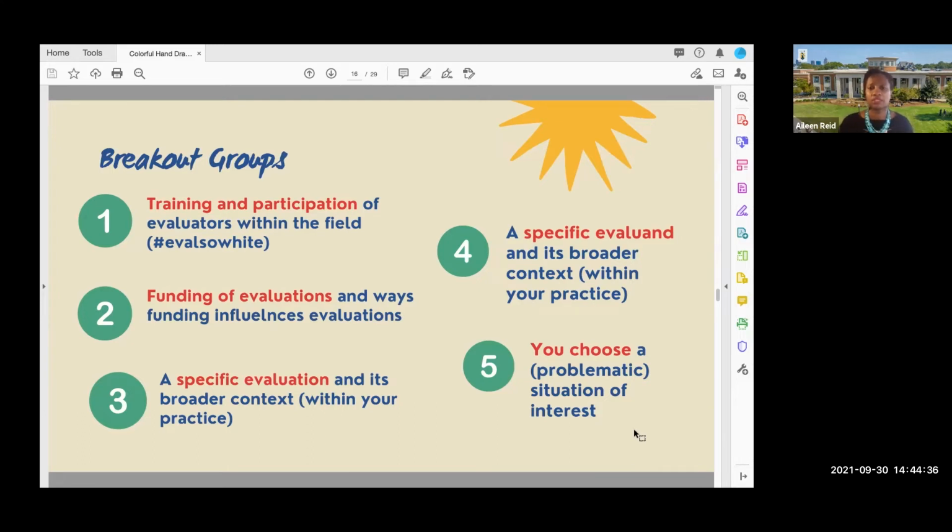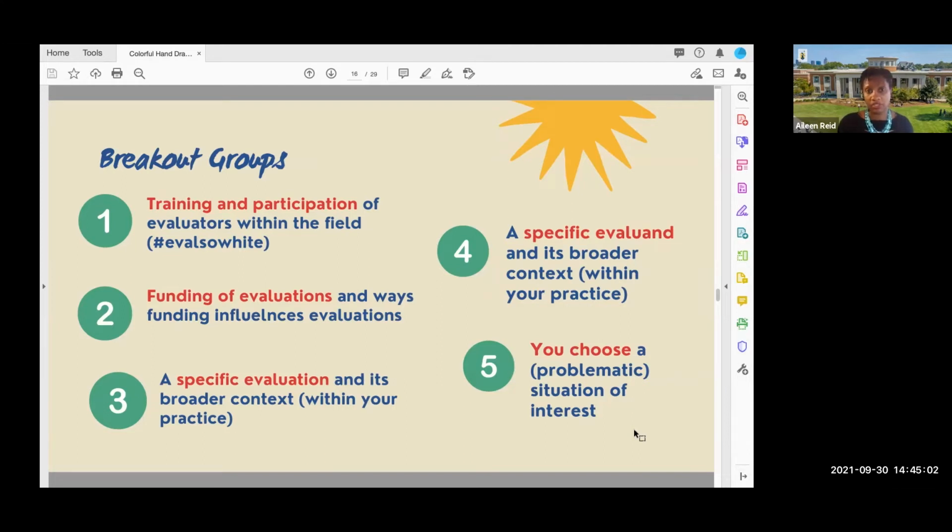This is CREA, and we're dealing with dismantling systems, racist systems and decolonization. And so perhaps we can think about training and participation of evaluators within the field. How do we prepare evaluators? What are some of the barriers? What are some of the challenges? How do you see the current climate?